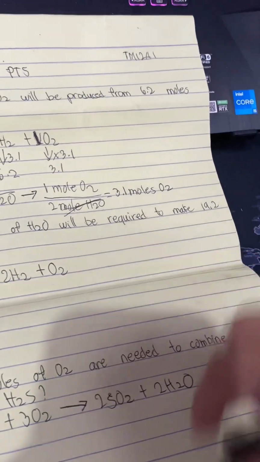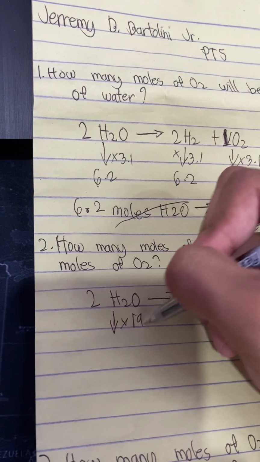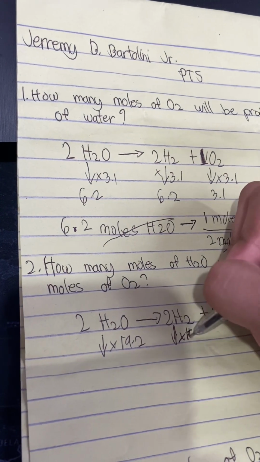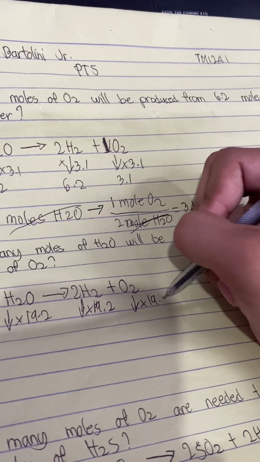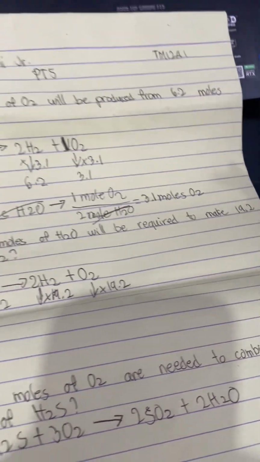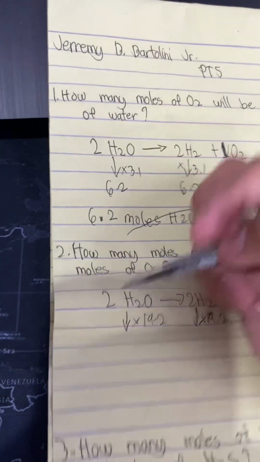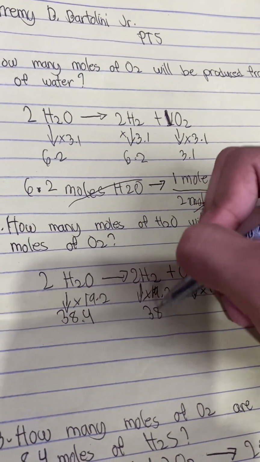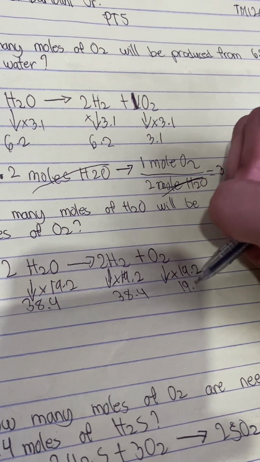We are going to times it by 19.2 here, and here, and then times it by the moles. 2 times 19.2 will be 38.4, here 38.4. 1 times 19.2 will be 19.2.